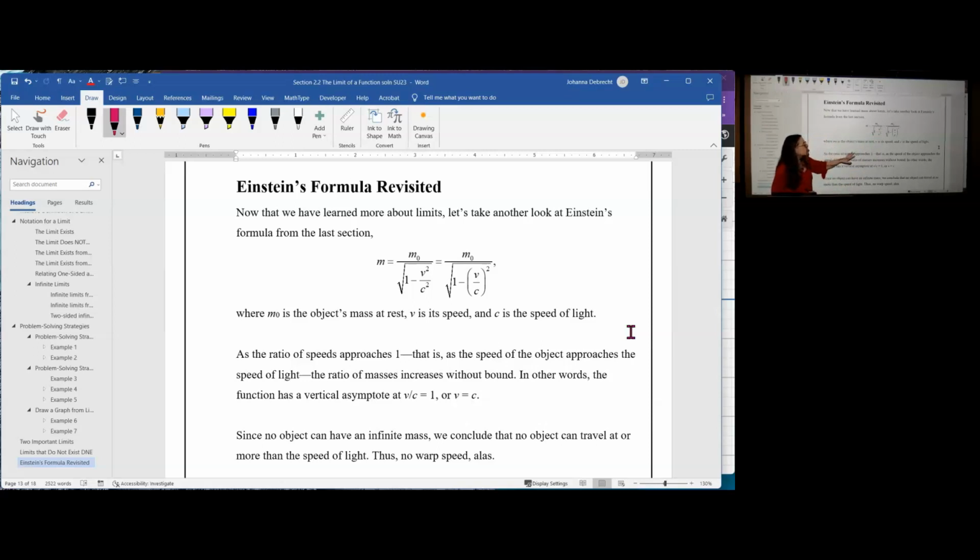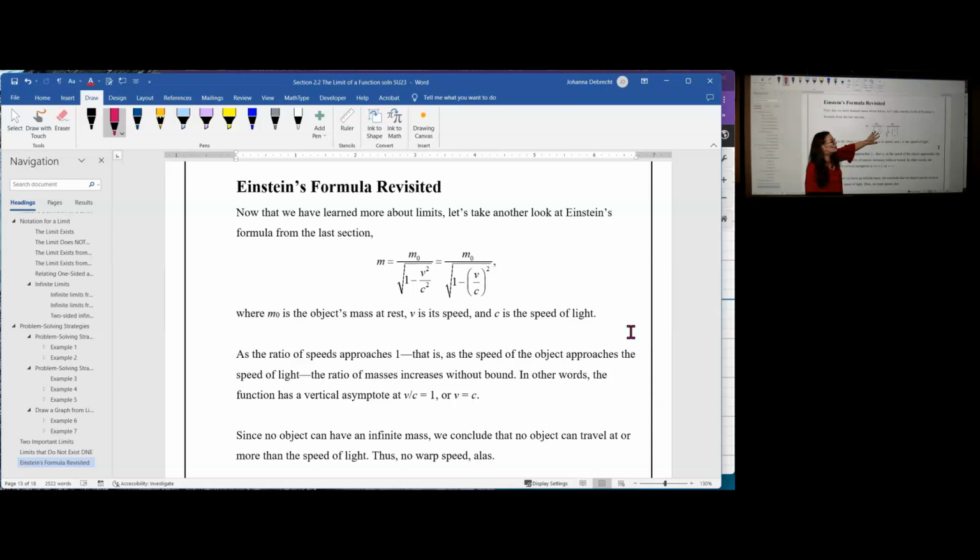As the ratio of the speeds, v over c, approaches 1, that means that your velocity is approaching the speed of light. As these get closer together, we lead to something that results in 0 in the denominator. And because of that, that means that your mass is going to grow infinitely large.